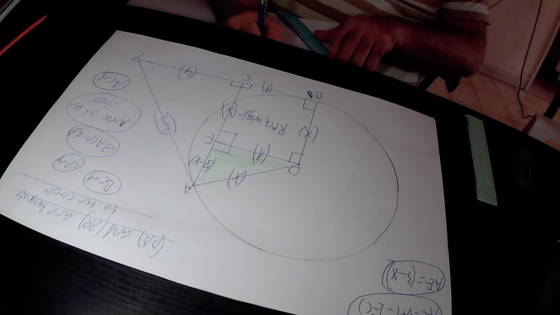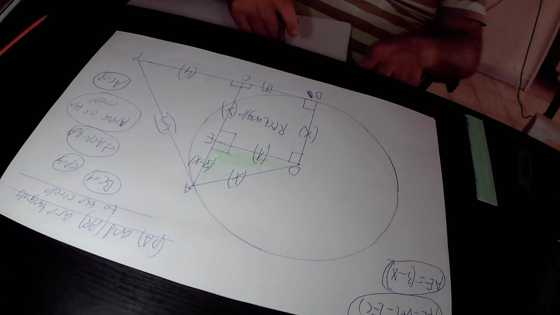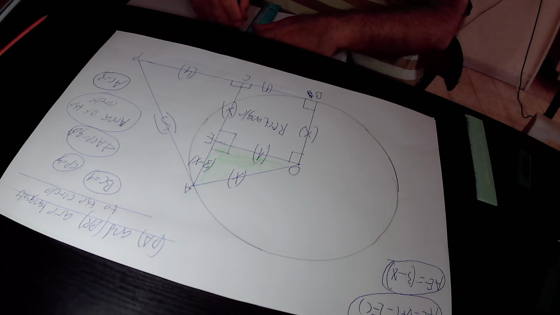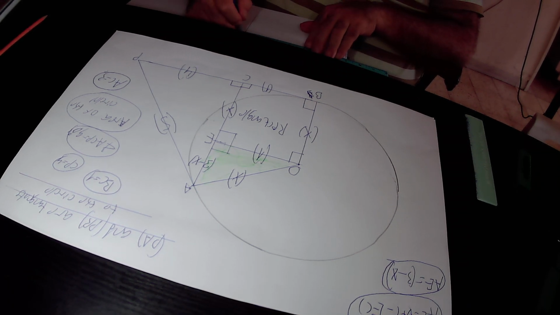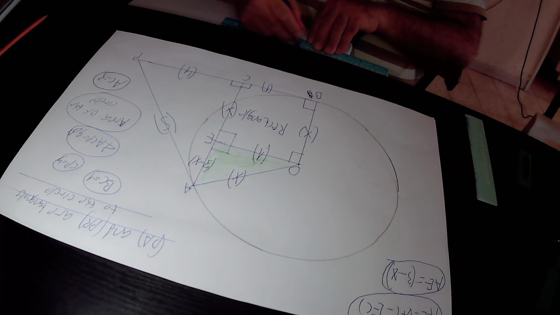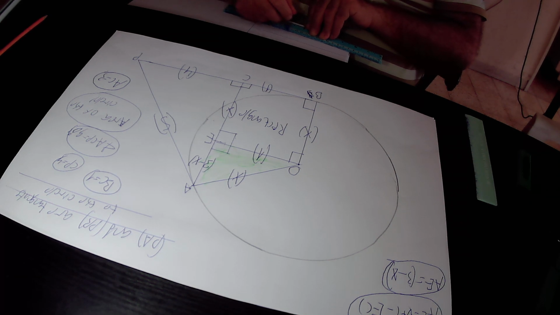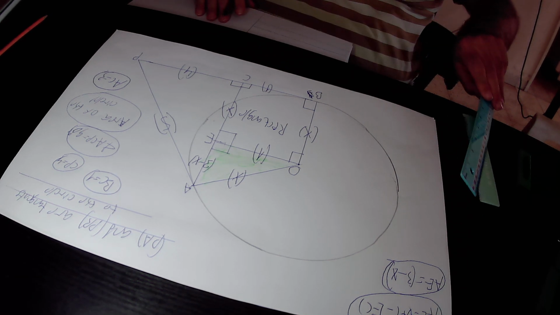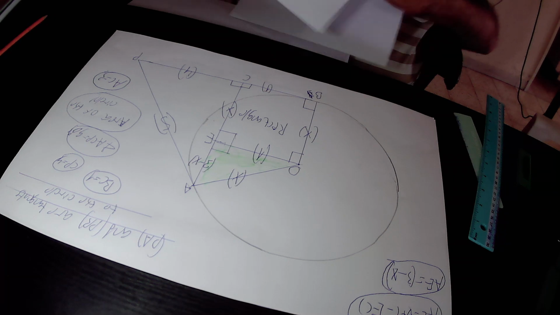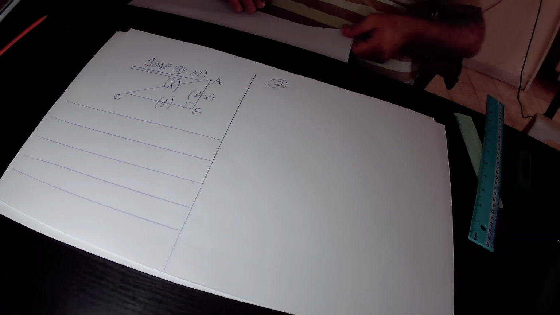Here PT is an abbreviation for Pythagoras theorem. So this is the right triangle OAE that I got from the original drawing.